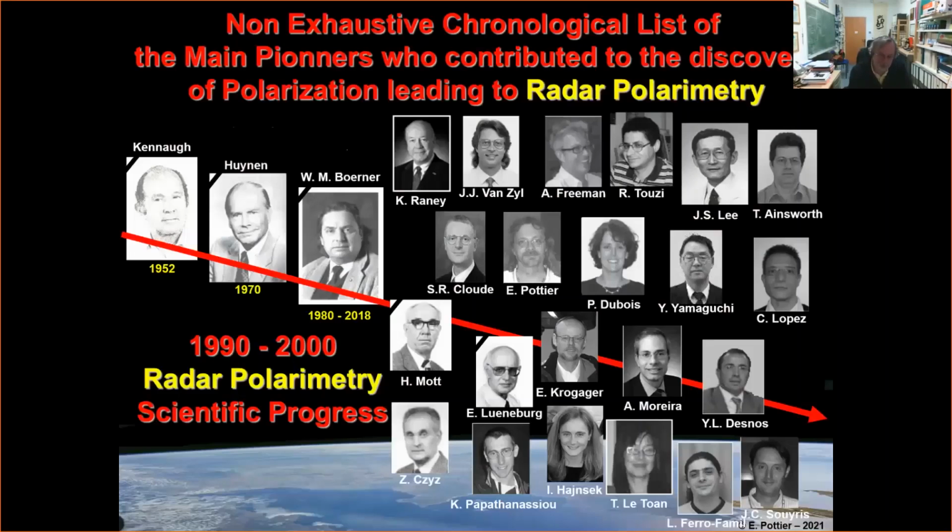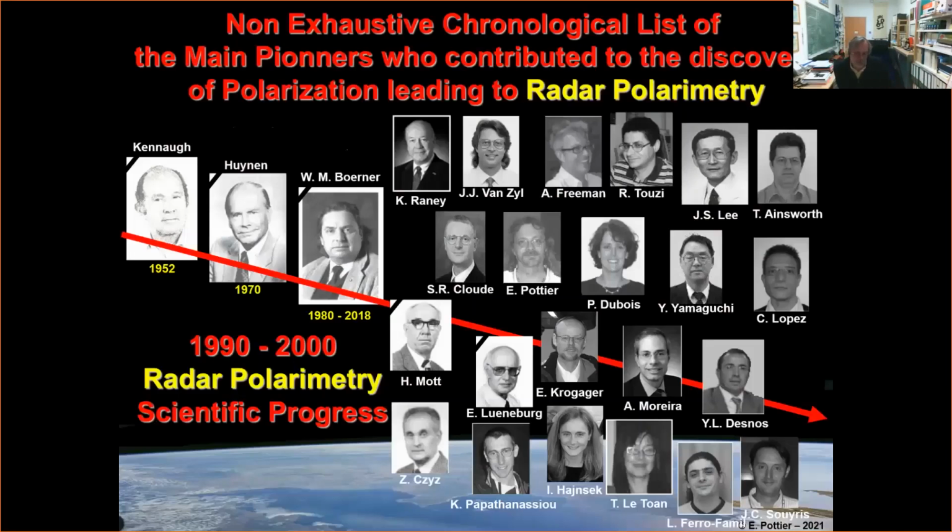But what is very important is that you can see on the left part of this slide that there is a gap between 1990 and 2000. In fact, there was a gap in the construction of radar polarimetry. All the experiments start in the 70s and 80s, and then stop.